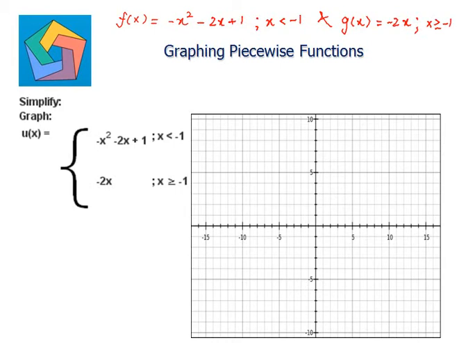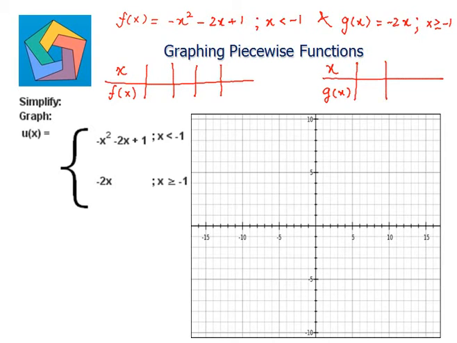So we make T-charts: x, f of x, and x, g of x. For f of x, I'll assume the x values as negative 2, negative 3, negative 4, negative 5, since they have to be less than negative 1.